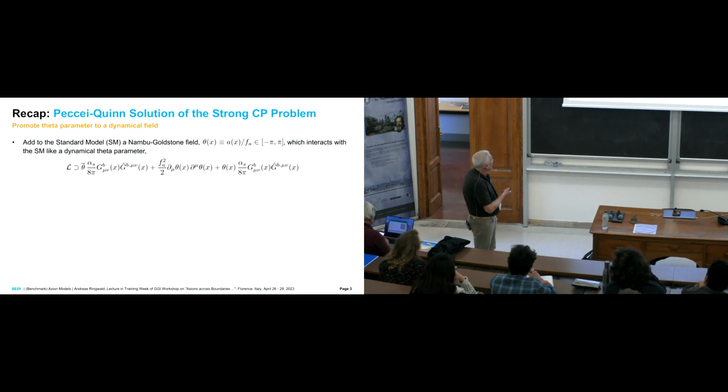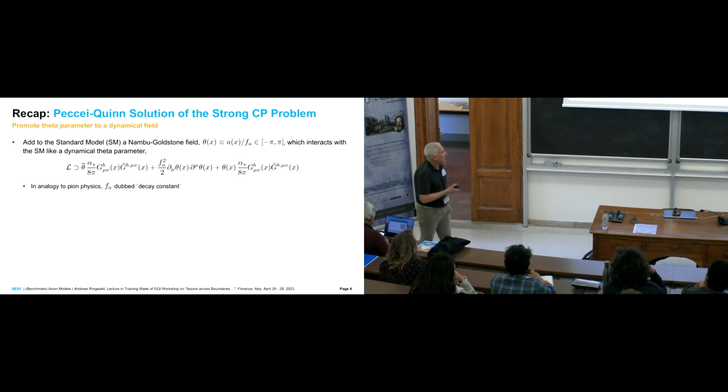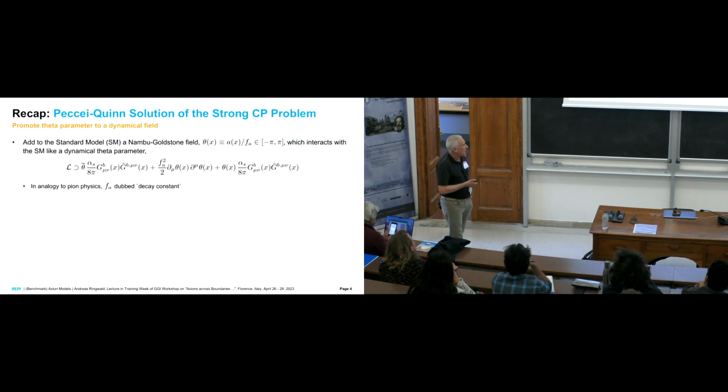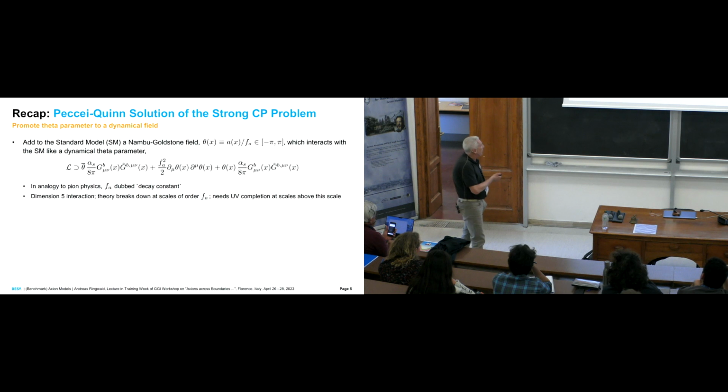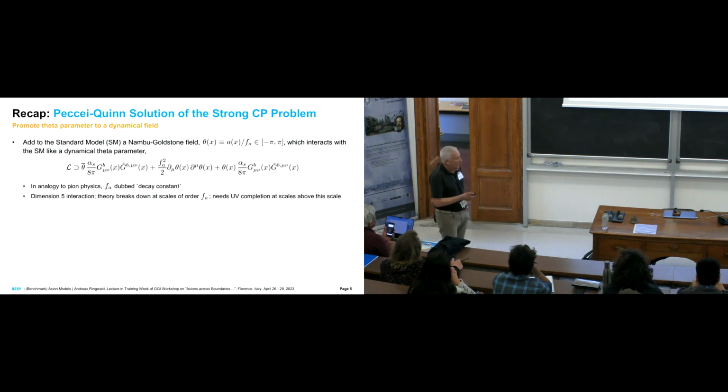and this is also in line with what we said, that the space-time integral of this term is an integer number. Now, in analogy to pion physics, this Fa is dubbed the axion decay constant, and because this is a dimension 5 interaction, this theory will break down at scales of the order of Fa, and therefore it needs a UV completion at scales above this scale.